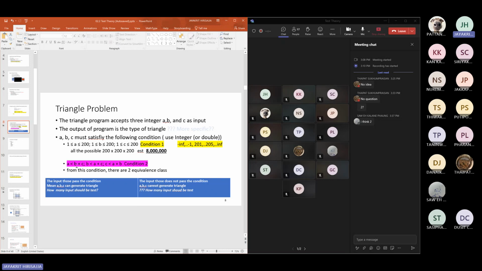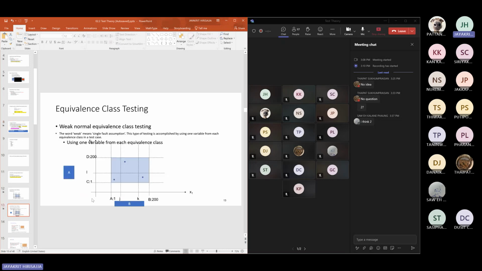Okay, but if we consider the second condition, it means A and B are now not enough. We have to consider C as well. The idea is that if we choose A between 1 and 10, and B between 1 and 10, how do we choose C?